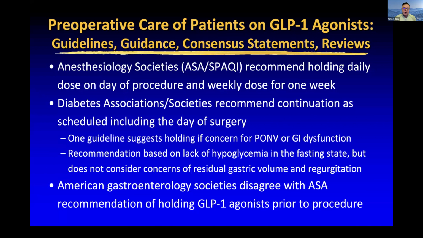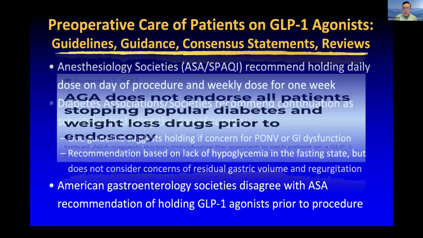Recently, the American Gastroenterology societies also came up with their paper suggesting that they disagree with the ASA recommendation for holding these drugs prior to procedure because there is no data.